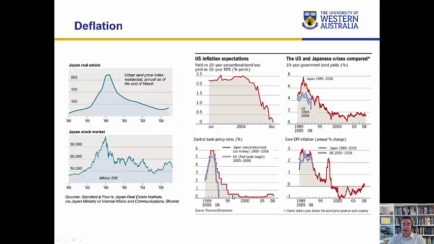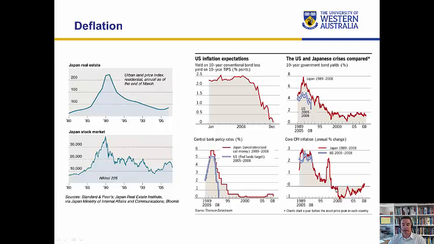The reason that occurred is that economic growth was incredibly slow. From the early 1990s onwards, the Japanese economy was in and out of recession numerous times. One of the big problems with that was inflation, or as Japan experienced, deflation.